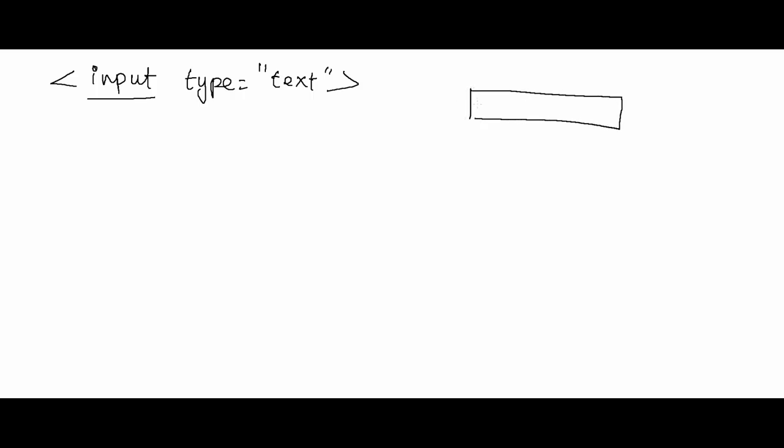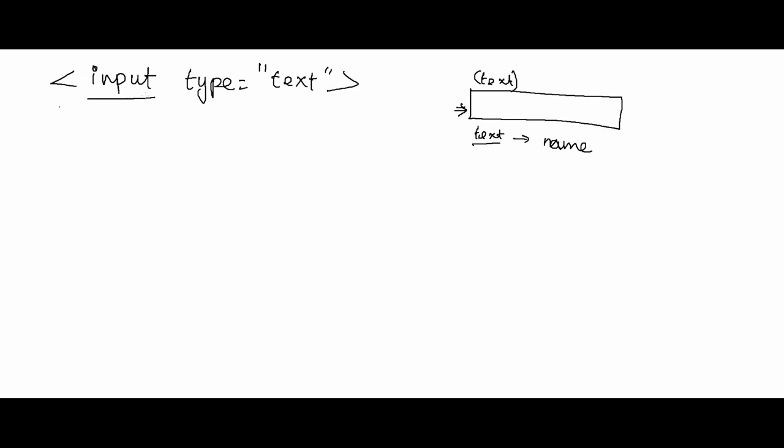Type text means this box only gets values in the form of text. We can use this for getting a name, something like first name, second name, and we can also use it for getting some typed data.